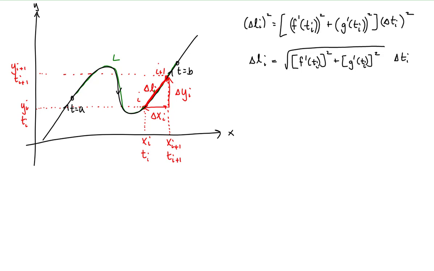Now what we have to do is figure out how to use this to represent the length of the overall line. In order to find the total length of this line between t equals a and t equals b, let's divide this line up into a bunch of different segments based off of the equal intervals of the parameter t.